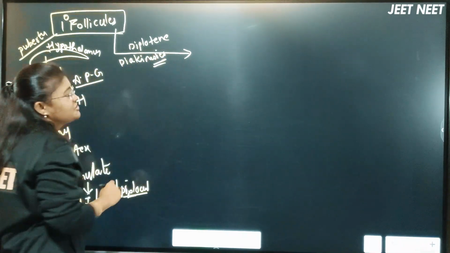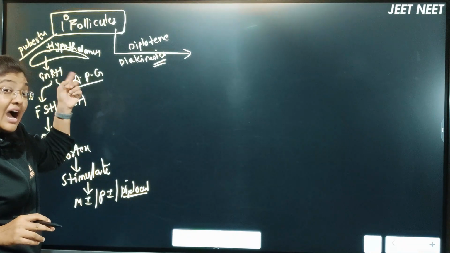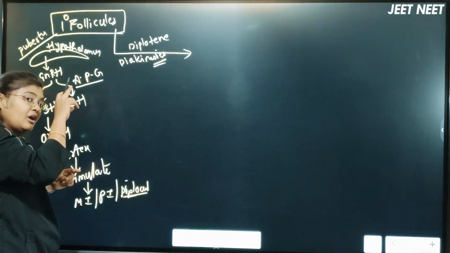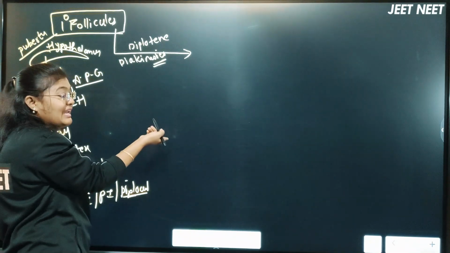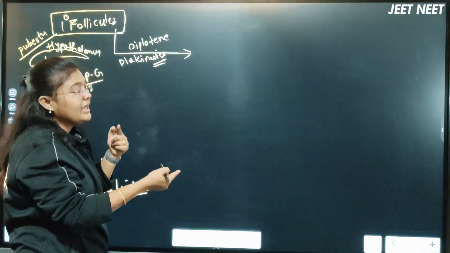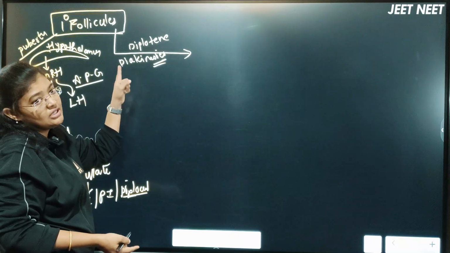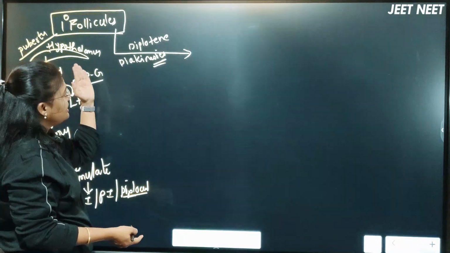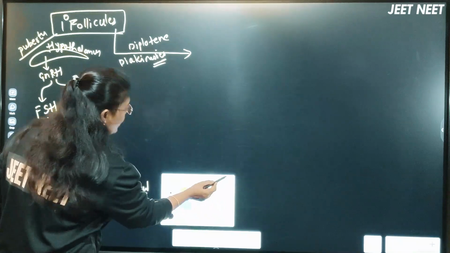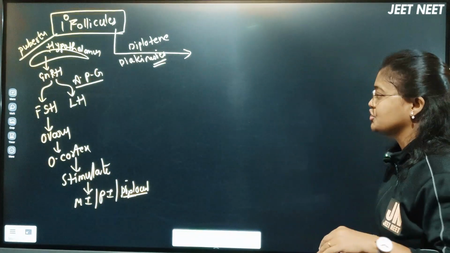Once it completed its diplotene phase and diakinesis, the primary follicle division, which was arrested when we were in our mother's womb, completes after birth, after puberty. The meiosis 1, prophase 1 got completed. Now this primary follicle converts into the next structure called what here? The secondary follicle. See the secondary follicle structure here, beta.